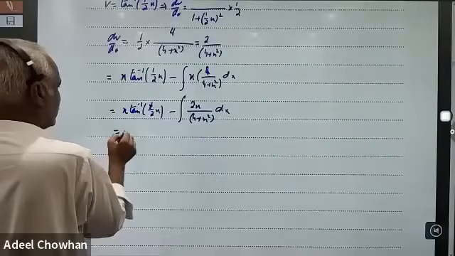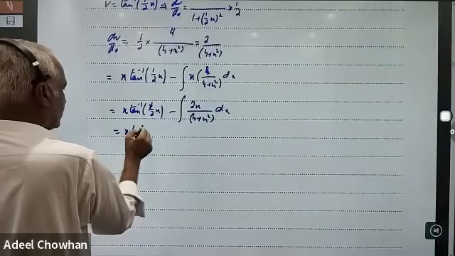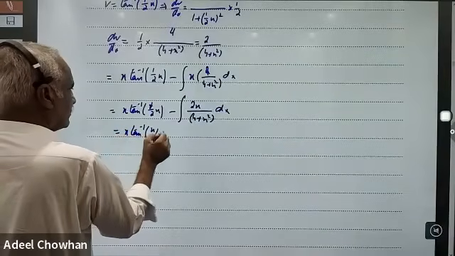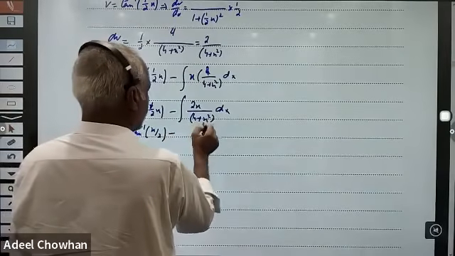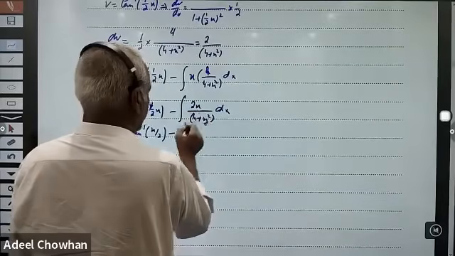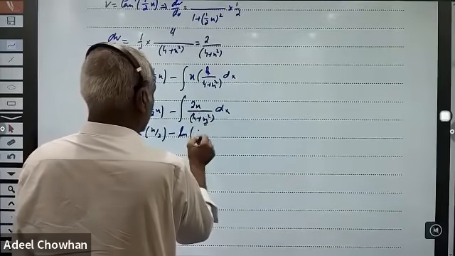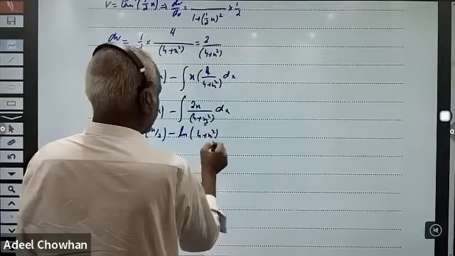So that thing is equal to x tangent inverse of x over 2 minus, because the derivative of 4 plus x square is 2x. So it should be equal to minus log of 4 plus x square.